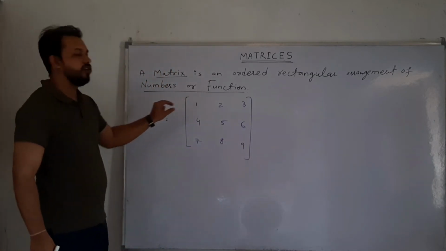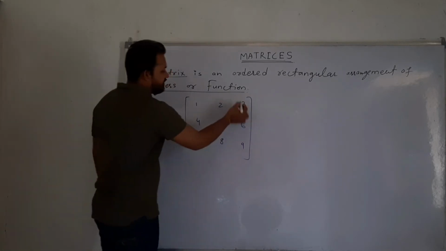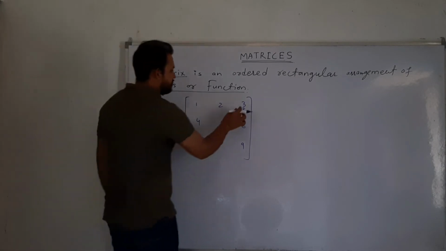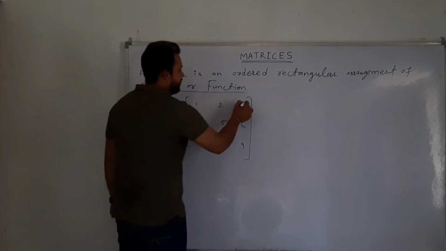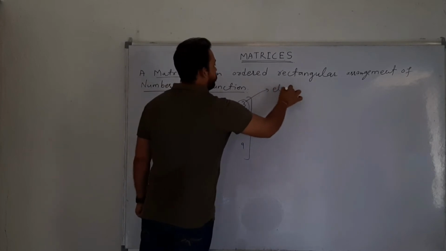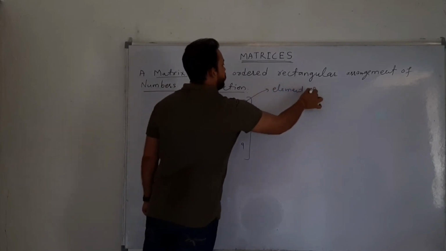These are the elements of this matrix. Every entry in this matrix is called an element. That means 3, 6, any individual entry can be called an element of the matrix.